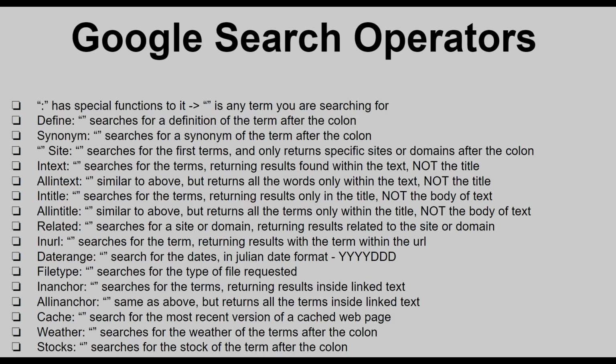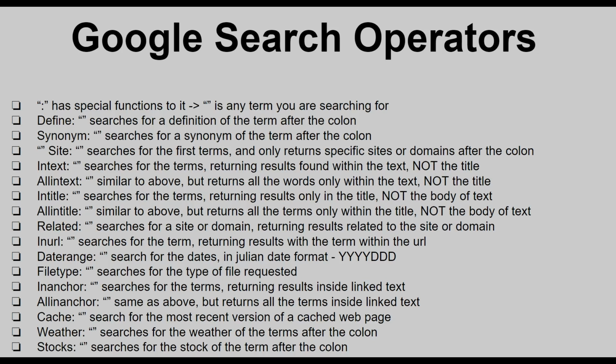You can do site colon and then put whatever the site is, and that will search for that first term and only return the specific sites or domains you put after the colon. Some other ones being intext or allintext, which search for the terms after the colon, returning results only found within the text of the search.